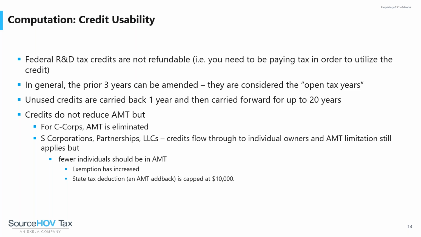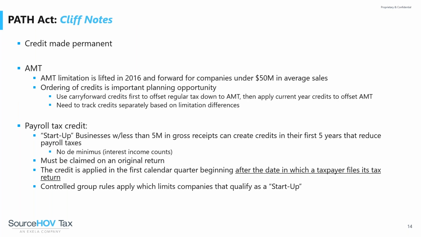So let's flip to the first of the two most recent tax acts, the PATH Act, which I'll jokingly describe, like each one, as a gift from the then president. This was a gift under the Obama administration. It came about in January of 2016, and in a nutshell, the PATH Act did 3 main things. It made the credit permanent. Previously, it would expire every 2-3 years and need to be reinstated, and there was always a tremendous lobbying effort to do that, and periods of uncertainty until it got reinstated.